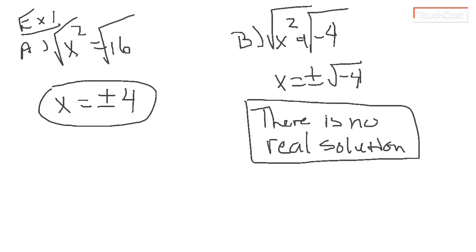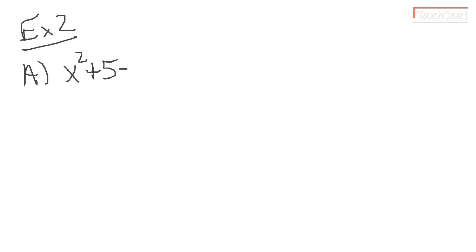So now I want to move into example 2. Example 2 looks at what if it's not x squared equals a number. What if we have something like x squared plus 5 equals 5? Well, we're going to isolate the x squared term first.